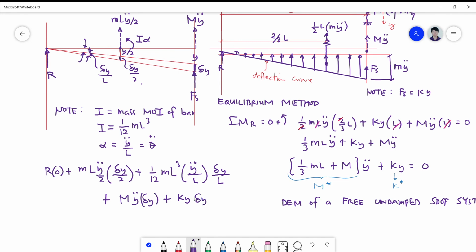Okay, so everything is now multiplied by delta y, so we can simply cancel that off. Okay, so that's 0. So this whole thing here is 0.